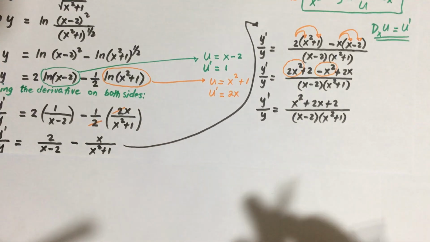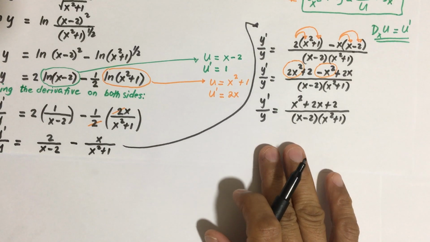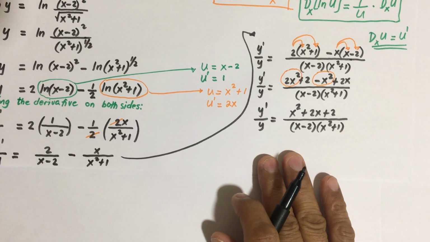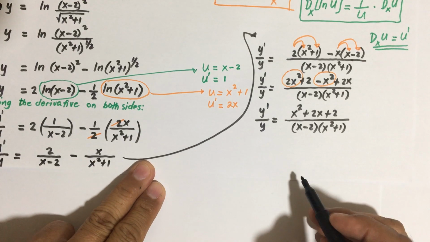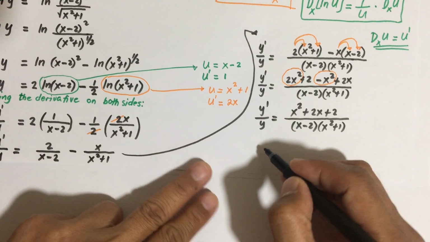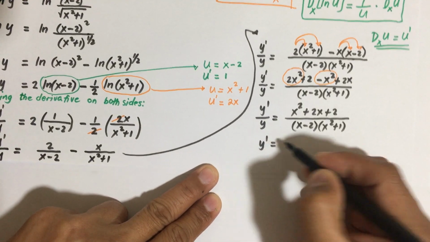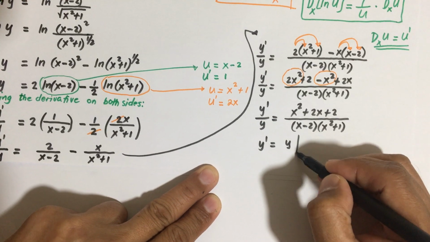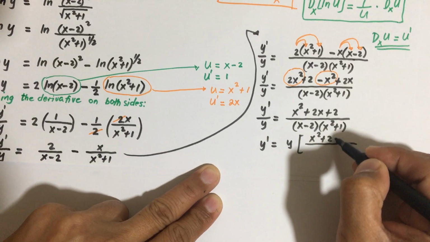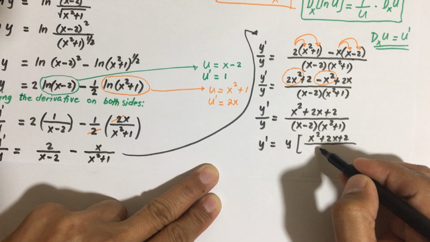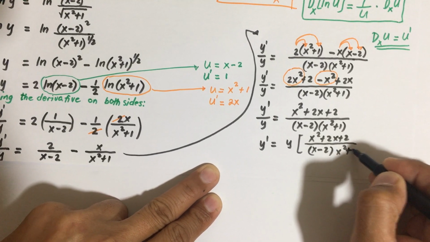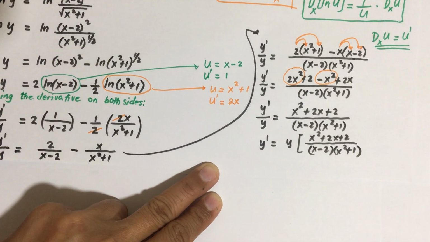Okay, and since we are asked to find the derivative of y, it means we are asked to solve for y prime, right? To solve for y prime, we need to multiply both sides by y, or simply cross multiply y, so that you have y prime equal to y times this whole thing on the right side, x squared plus 2x plus 2, divided by x minus 2 times x squared plus 1.